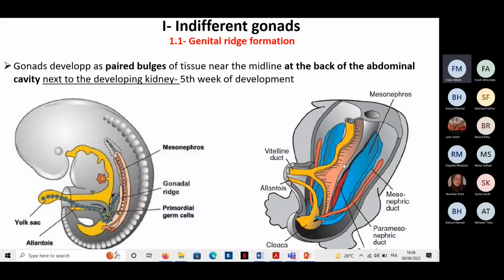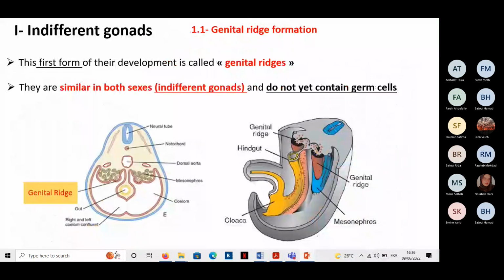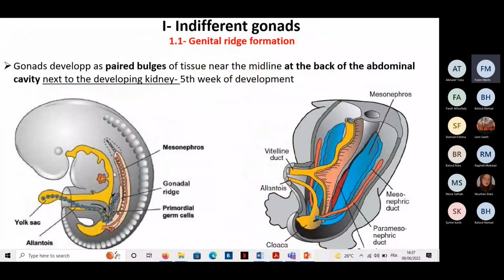I will just explain a little bit. Yes. I did not understand what paired bulges means. We have a pair, paired. We have two of them, one from this side and one from this side. As you know, the gonads, we have two of them. They are a pair. From these ridges, where it is written Gonadal Ridges, we have two. Yes, we have one here and one here.